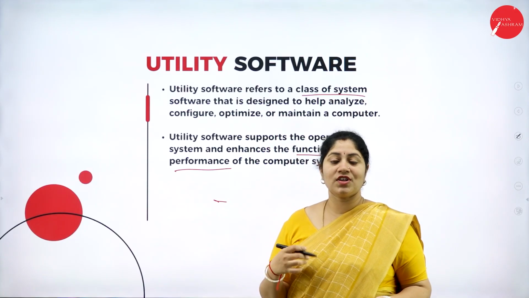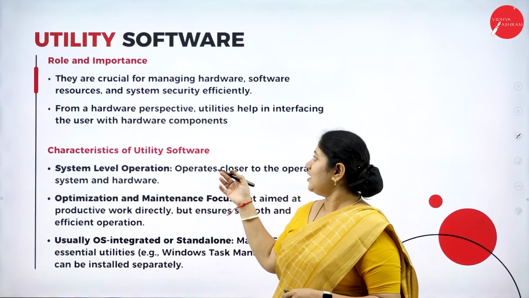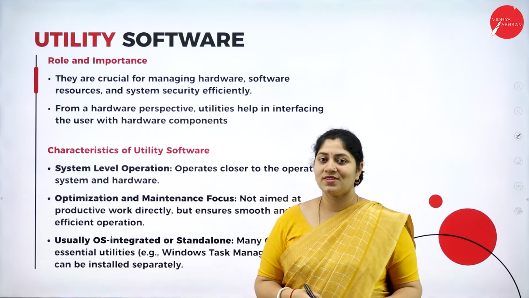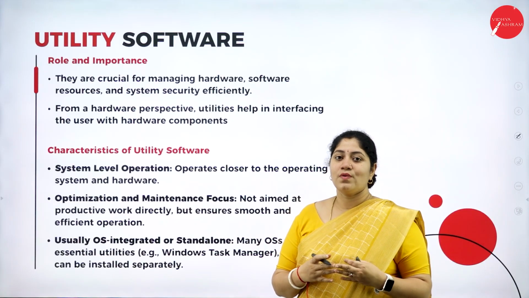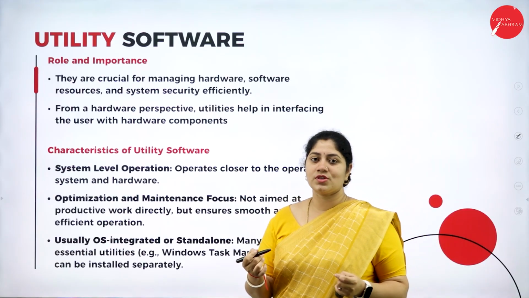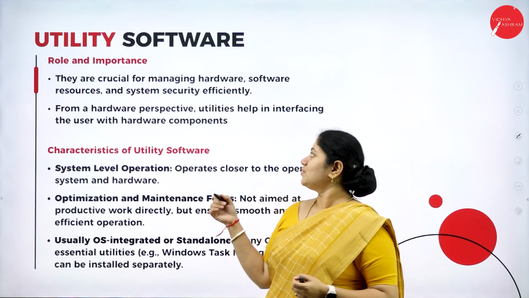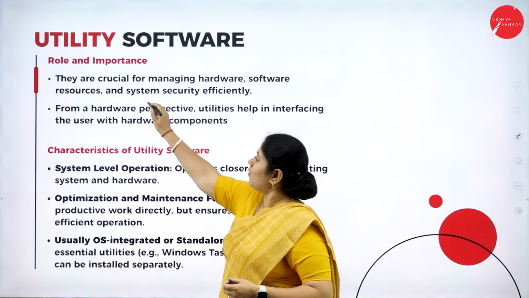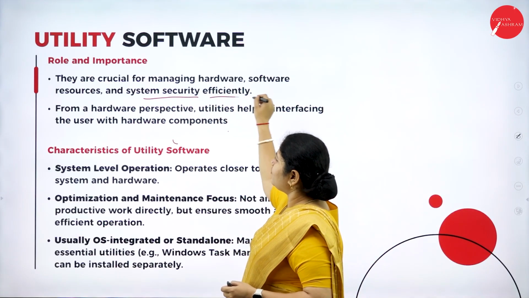Up next, let's understand what the roles of this utility software are. Over here, the roles and importance. The first role is that they are responsible for managing the hardware resources, software resources, as well as providing security to the system. You can also consider it provides system security very efficiently.